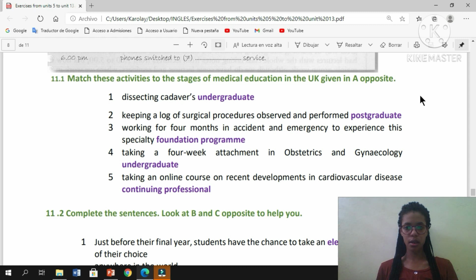Observe and perform. The answer is postgraduate. Working for 4 months in accident and emergency to experience this specialty. The answer is foundation program.